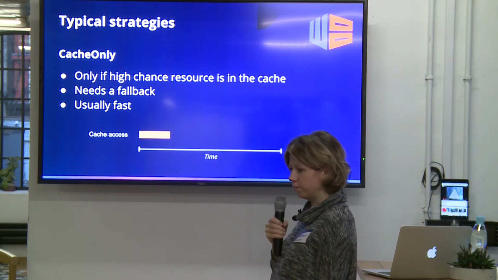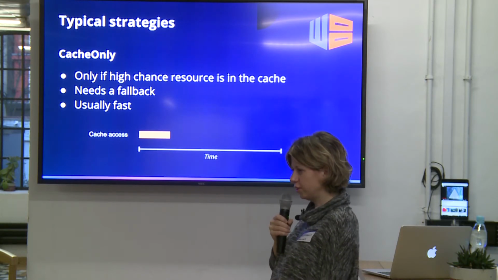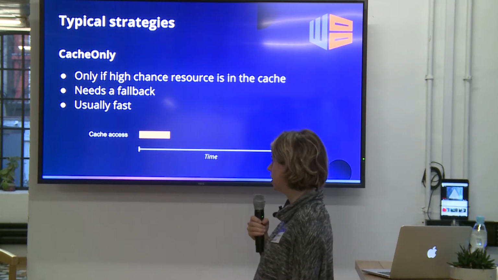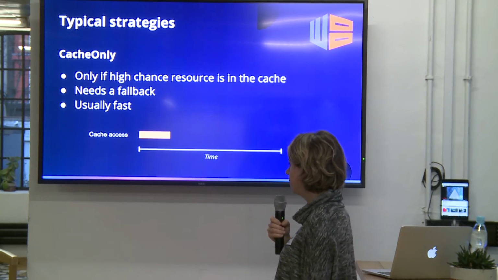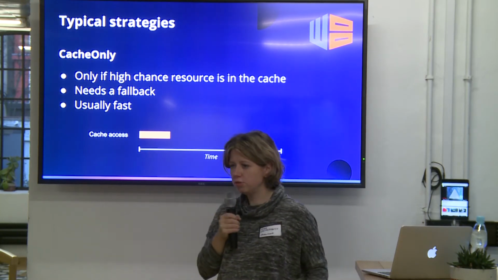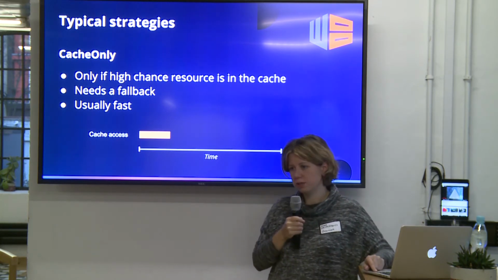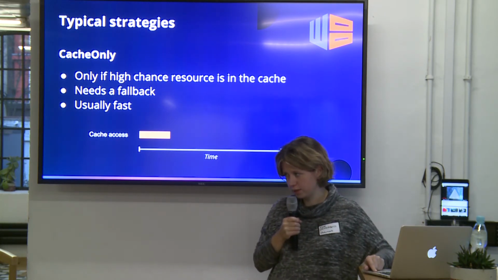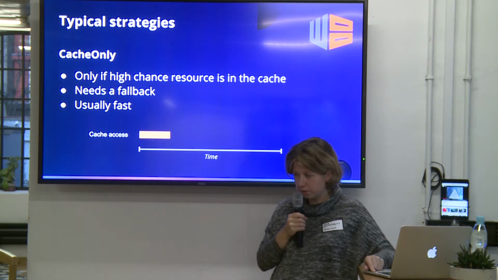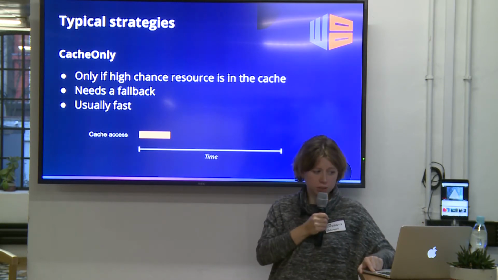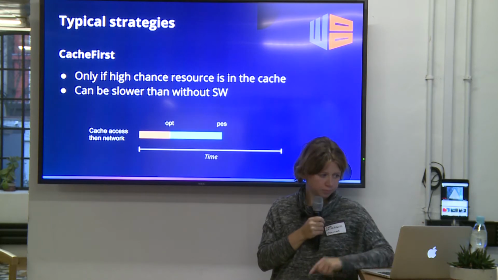It might happen that it's not in the cache, it gets evicted every now and then, so you need to have a fallback. The advantage is that it's usually much faster than the network request. It's not guaranteed because it depends on the device characteristics and if the cache is not being busy with some other stuff at a given moment, but generally it's faster than network.